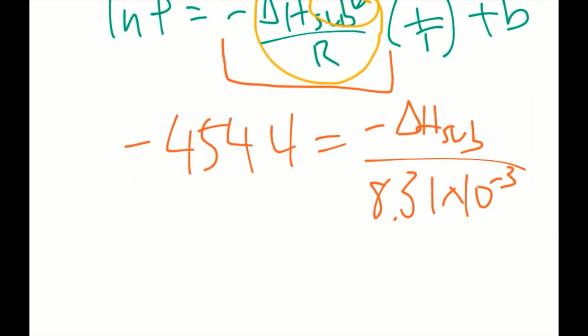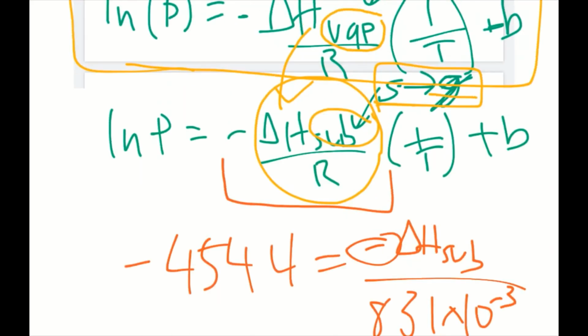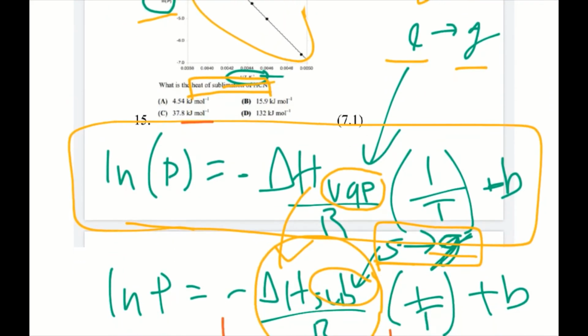When you pull out a calculator and go negative 4544 times 8.31 times 10 to the negative 3, and multiply by negative 1 since there's a negative there, we get that the delta H of sub is 37.8 kilojoules per mole. The answer that corresponds to that is C.